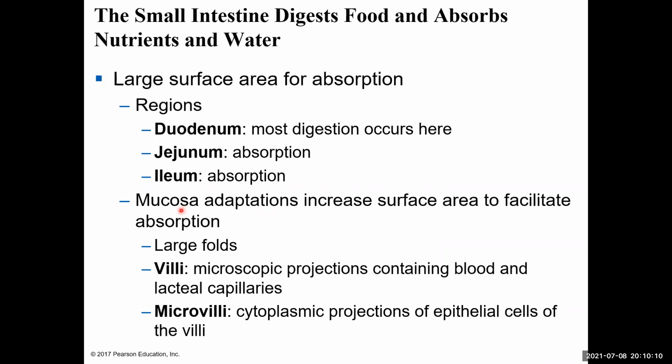The mucosa, so that inner lining in the small intestine, is not smooth. It actually has a lot of folds that run throughout the interior lining of the small intestine. And these folds help to increase the surface area and to facilitate a lot of absorption.